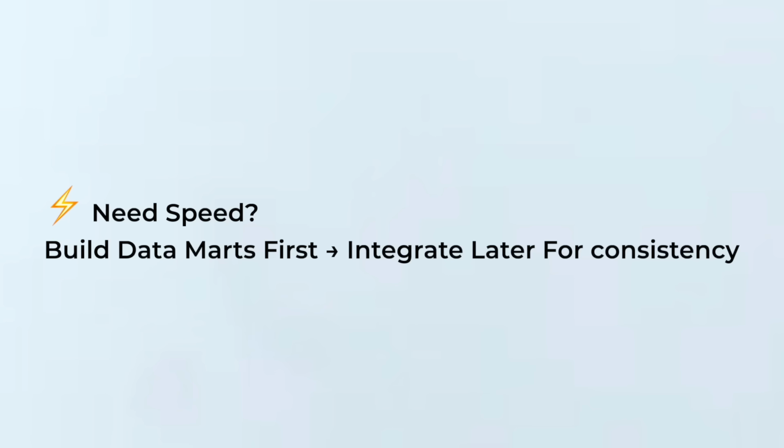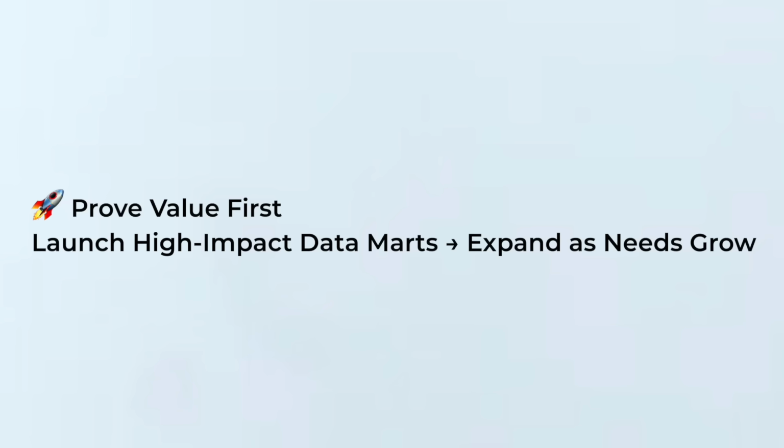Build independent data marts first, then gradually integrate them through common dimension tables and shared business rules. This allows rapid initial deployment while building towards enterprise consistency. Begin with high impact data marts to prove value and build organizational capabilities.